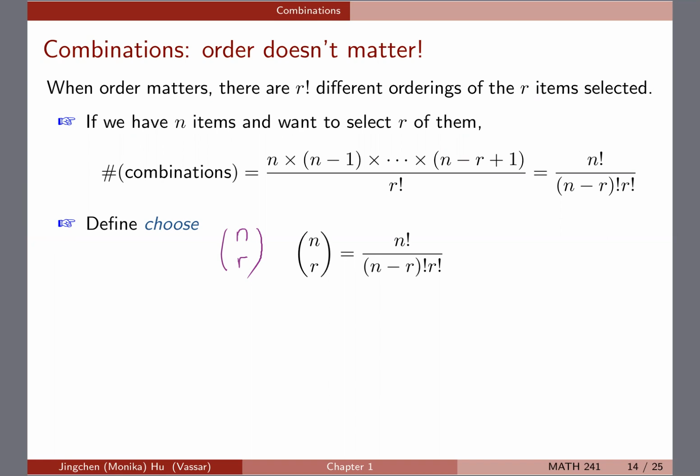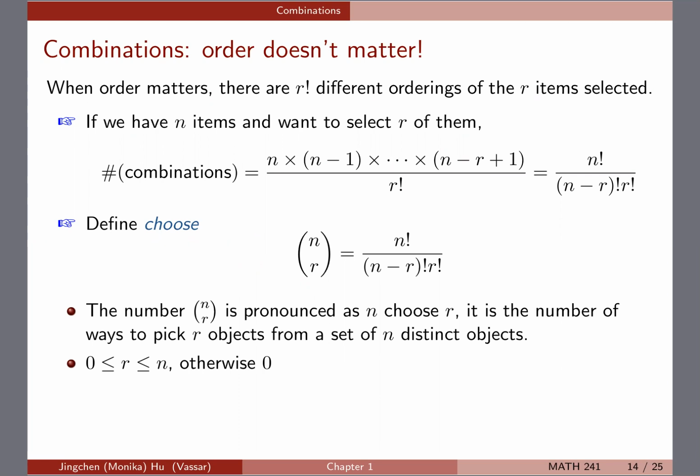By definition, the choose function n choose R is n factorial over n minus R factorial times R factorial. So the choose function gives you the number of combinations if you're going to select R items out of n items. We pronounce it as n choose R.